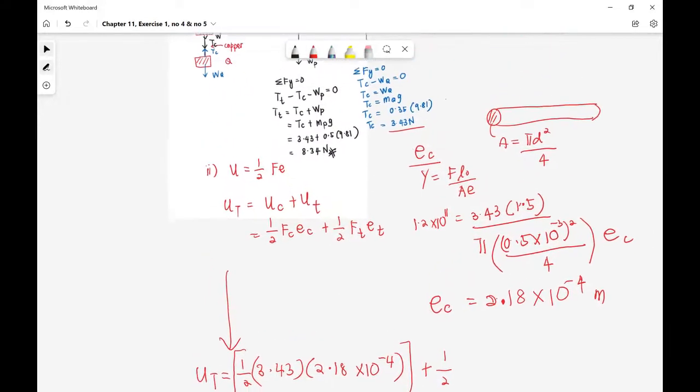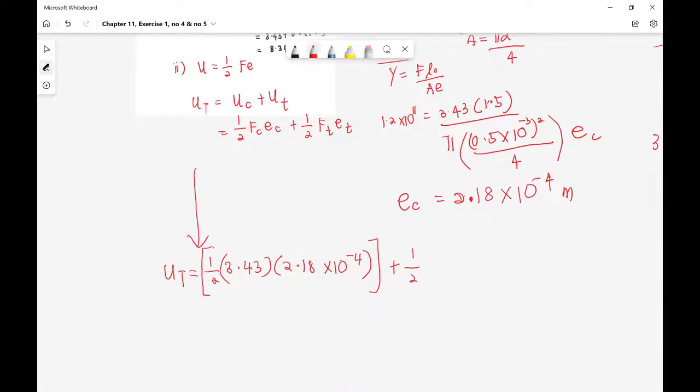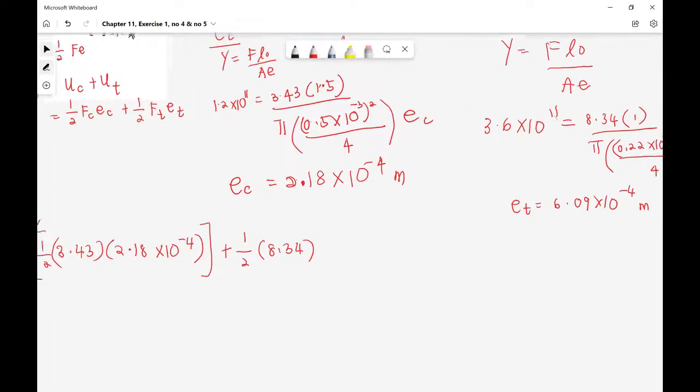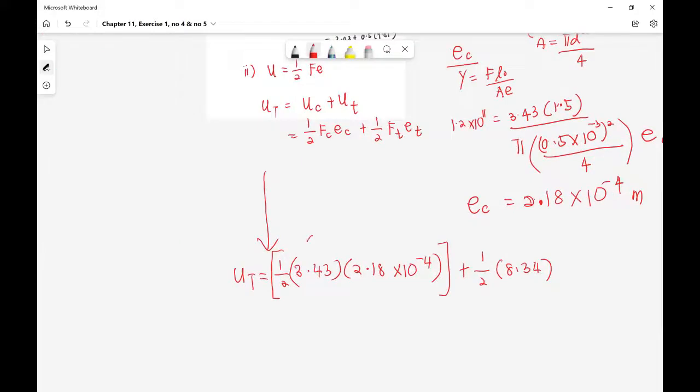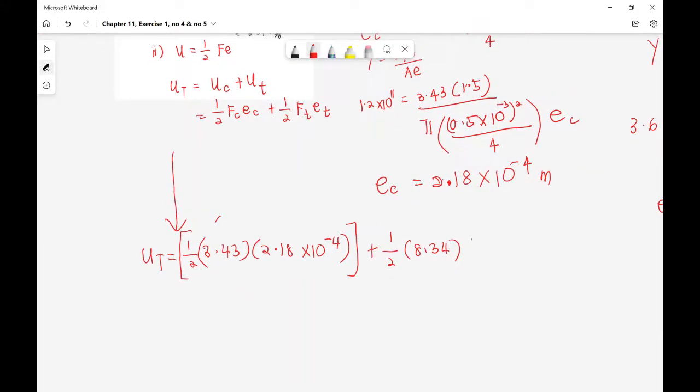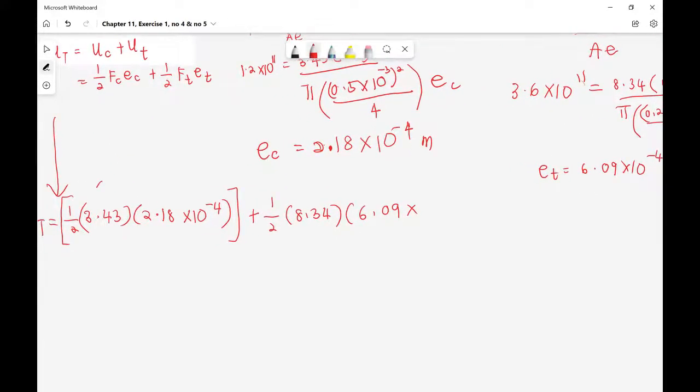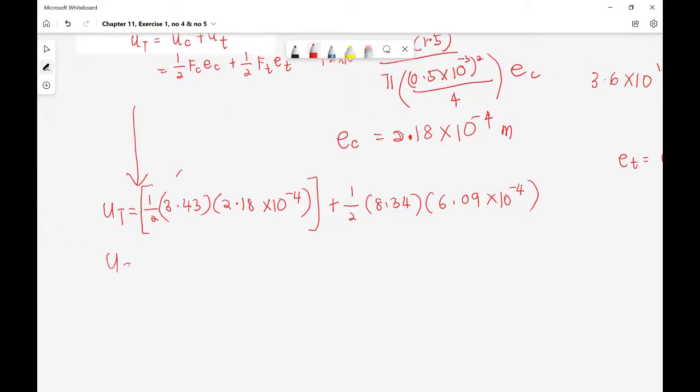Okay, nilai dia adalah 8.34 times dengan elongation untuk tungsten dah kira tadi 6.09 times 10 to the power of negative 4. Okay, so boleh dapat total strain energy of the system. Jadi dapat answer dia adalah 2.91 times 10 to the power of negative 3 joule.